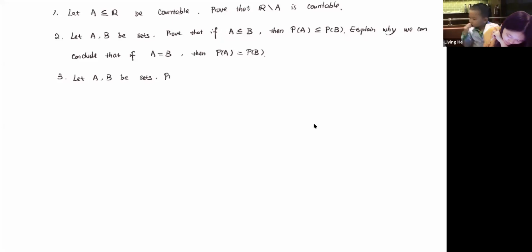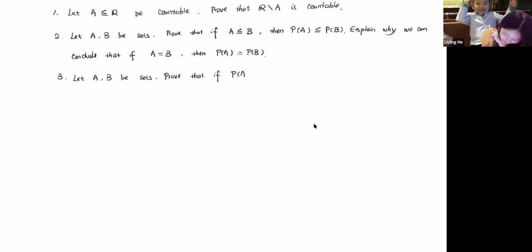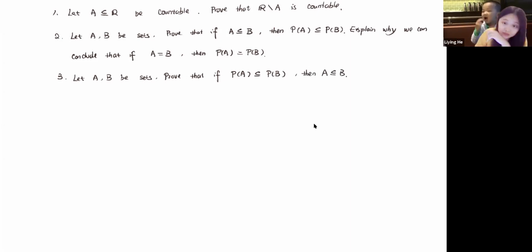Prove that if the power set of A is a subset of the power set of B, then A is a subset of B. And we can conclude if this, then this. Okay? This is for power set.